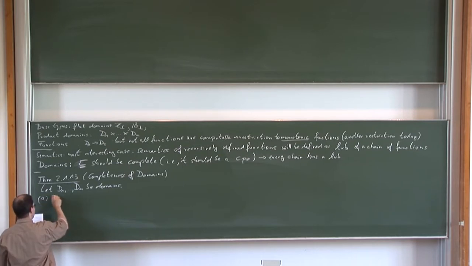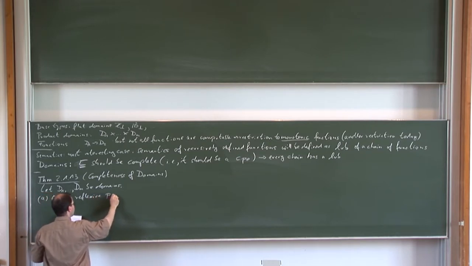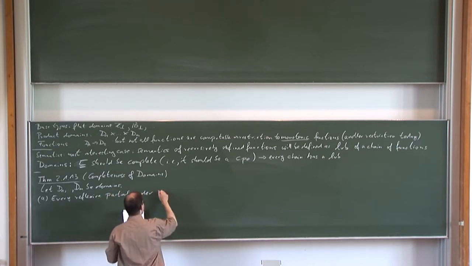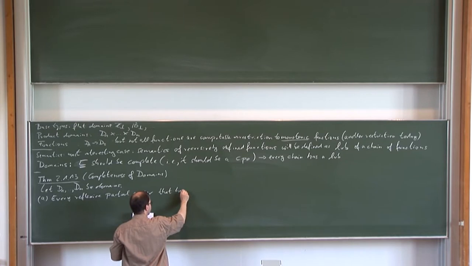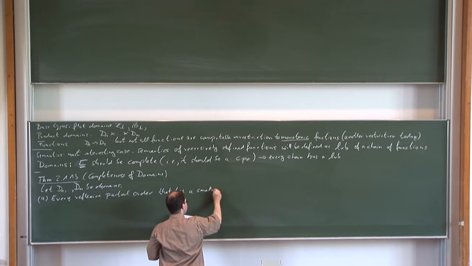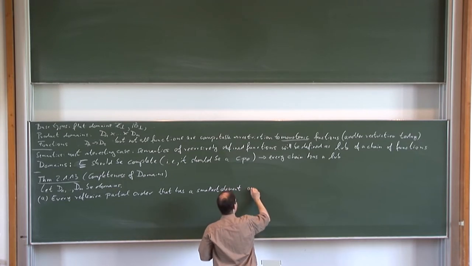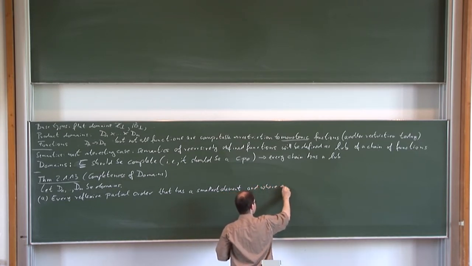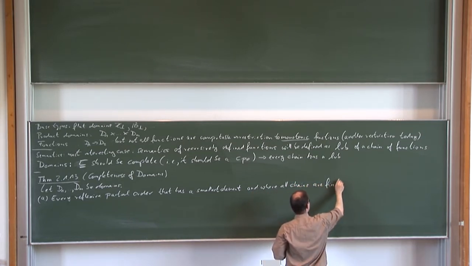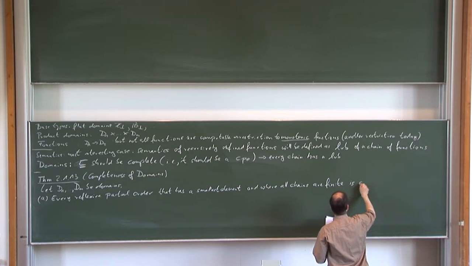So every reflexive partial ordering, or partial order, that has a smallest element, we need this in order to be complete, and where all chains are finite, every such partial order is complete.